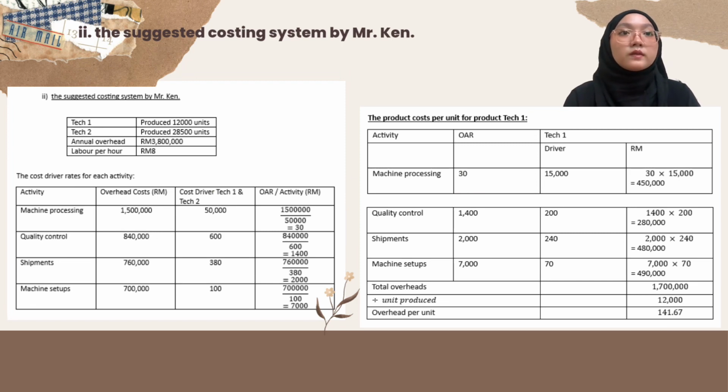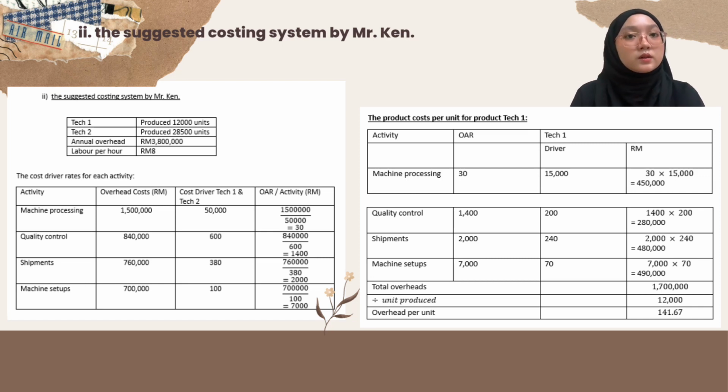Question 1 to Roman. Calculate the overhead cost of each product of Tab 1 and Tab 2 using the suggested costing system. Firstly, we need to find the cost driver rates for each activity. Activities given are machine processing, quality control, shipment, and machine setup. For machine processing, overhead cost 1,500,000 divided by 50,000, and the answer is 30.